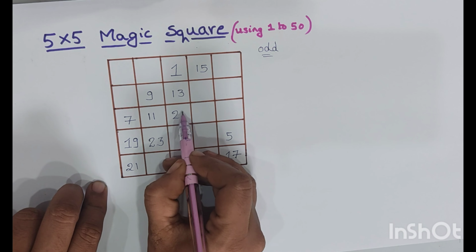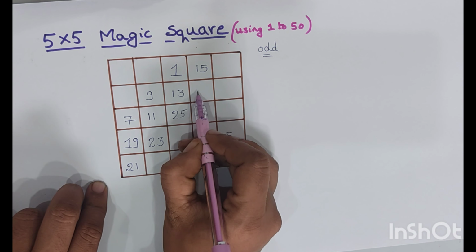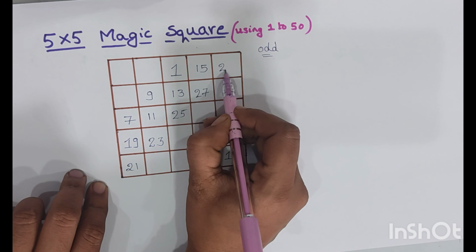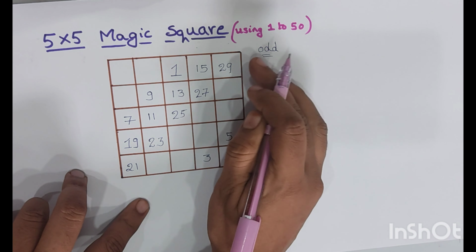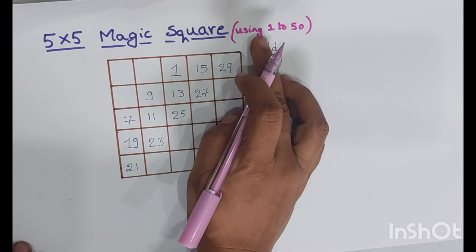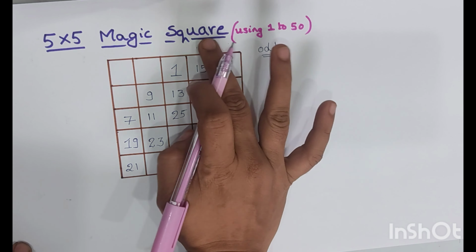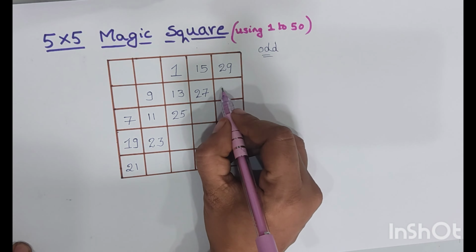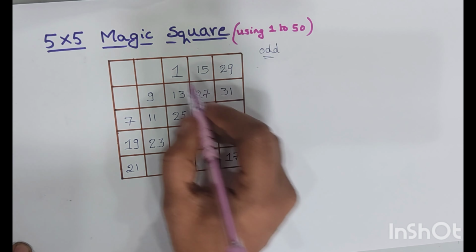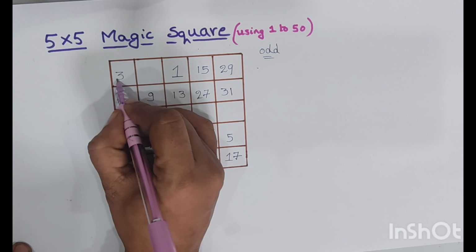Like for 9 we write 11 just below the 9, and for 19 also we write just below the 19. Again for 21, then 23, 25, 27 and 29, there are diagonal boxes. For 29 there is no diagonal box and no extreme down box, so we write just down to the 29 for 31.